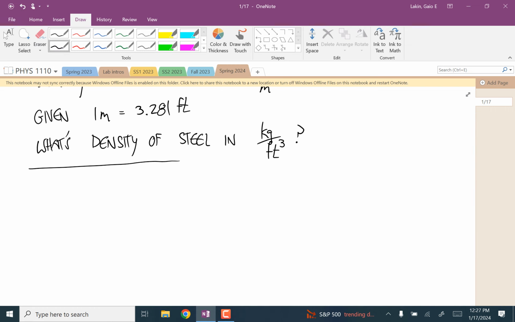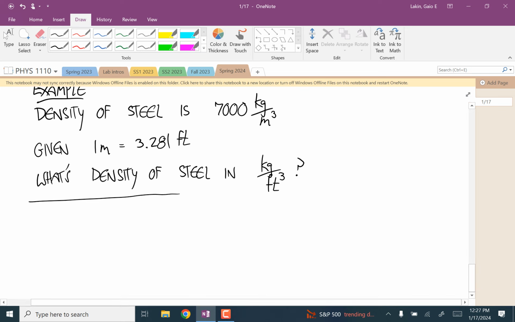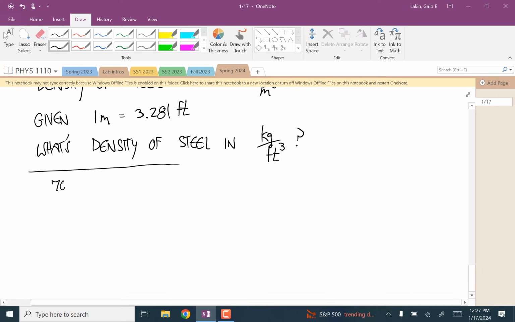Okay, so we're going to start with 7,000 kilograms per meters cubed. And the meters cubed, I'm going to start out by writing meters times meters times meters.